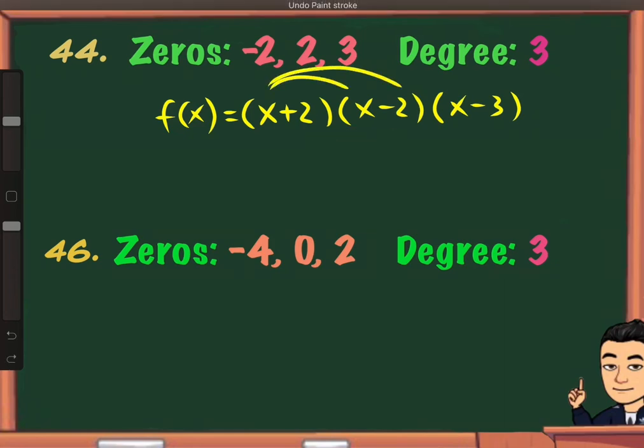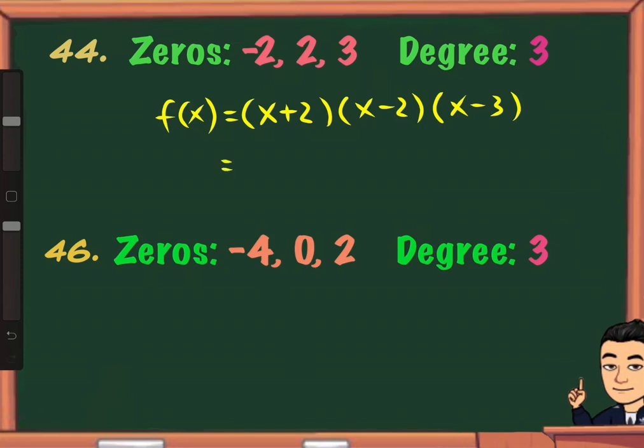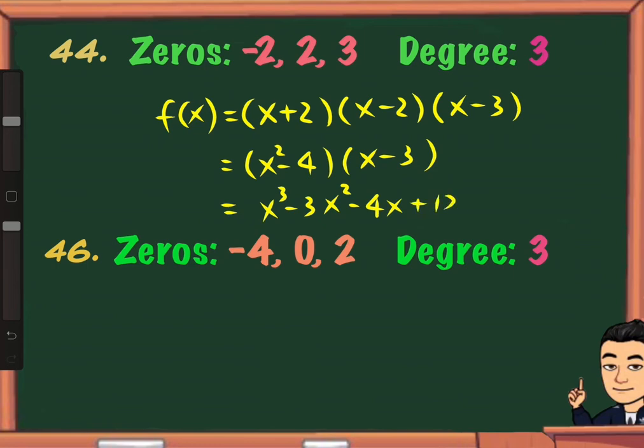This is going to give you x squared minus 4, and then you're going to multiply by x minus 3. So you're going to FOIL it one more time, and this is going to give you x cubed minus 3x squared minus 4x plus 12.